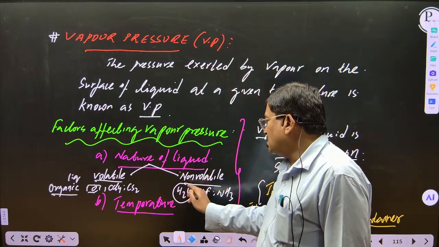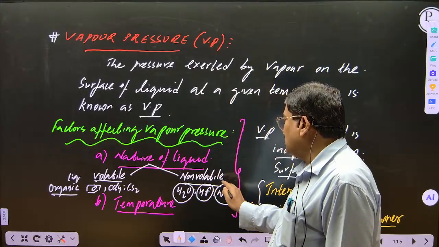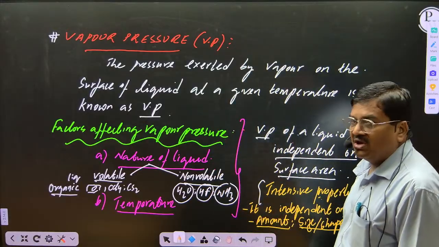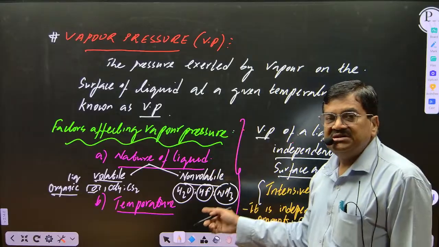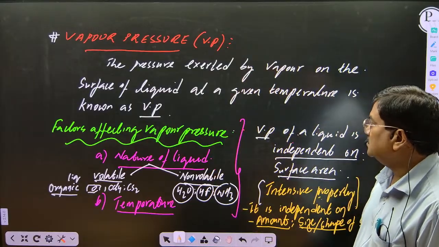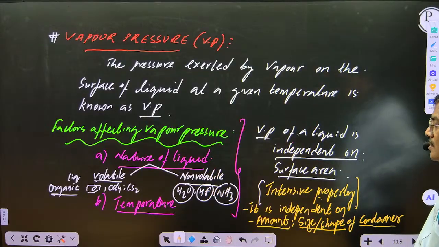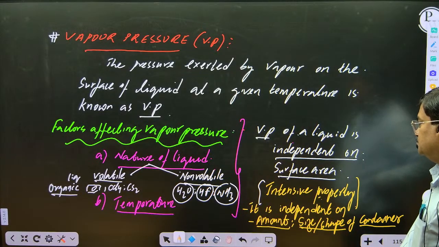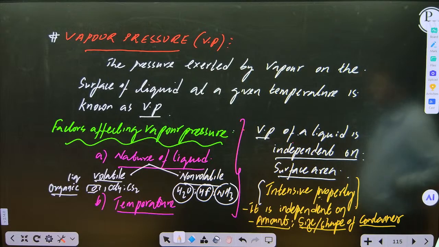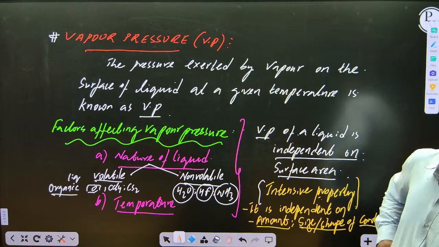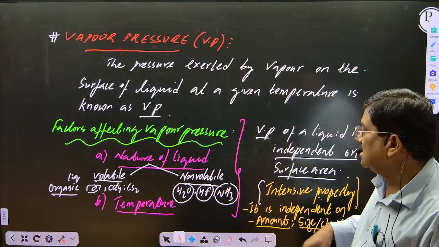These all have H bonding, which means intermolecular forces are strong. The one that has more intermolecular forces will have less tendency to have vapor pressure. Are you following, students? So this is the nature of liquid.